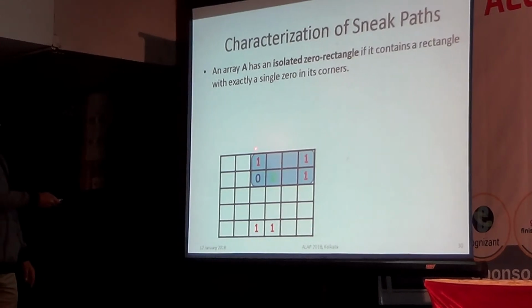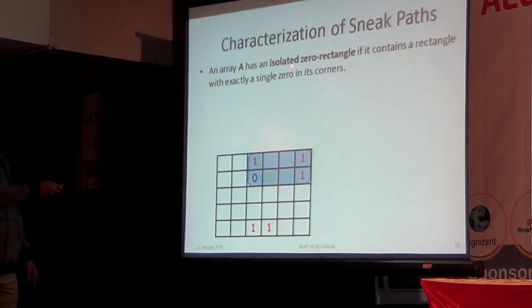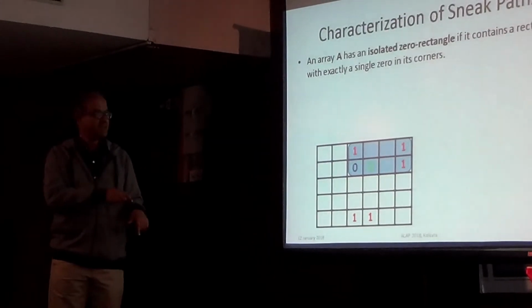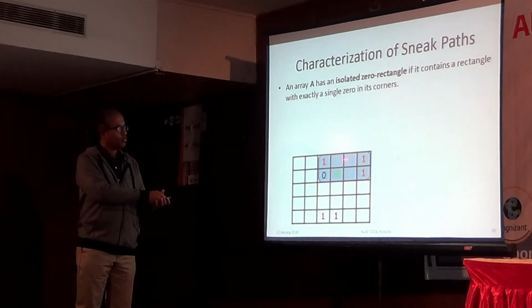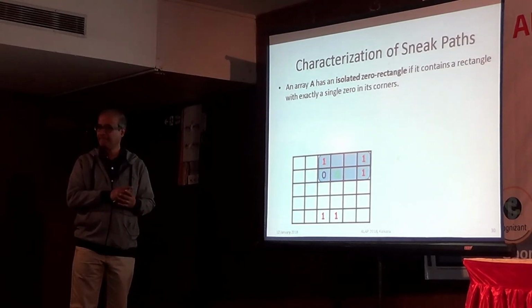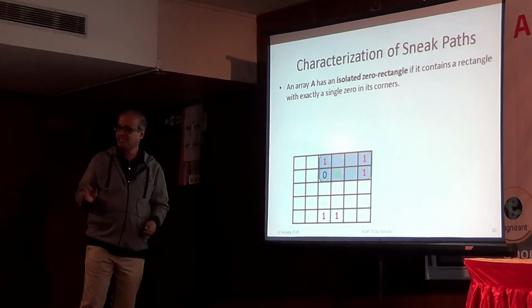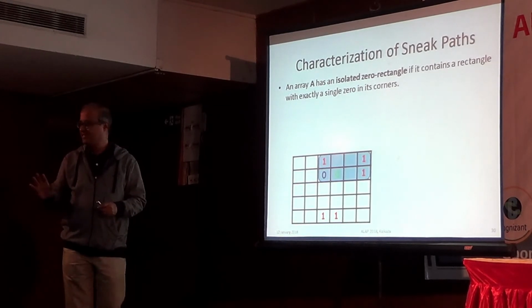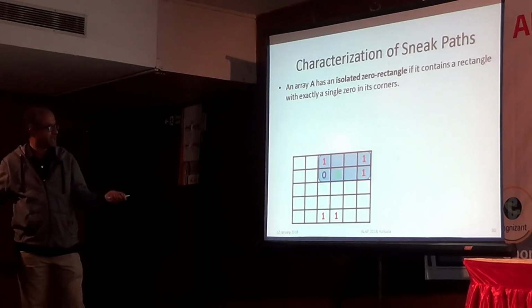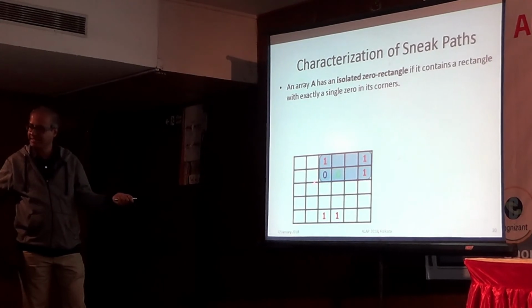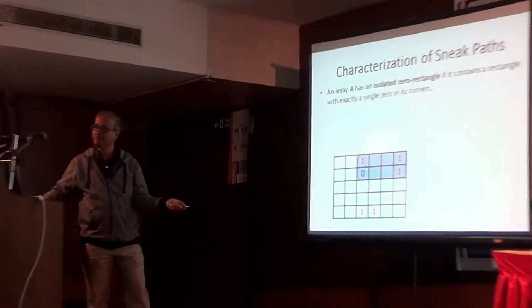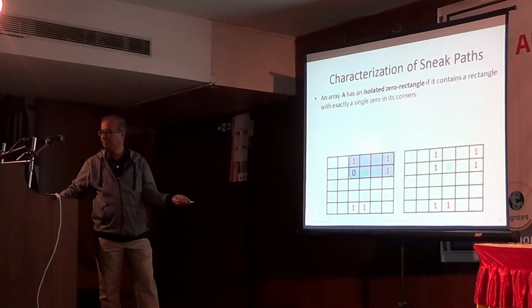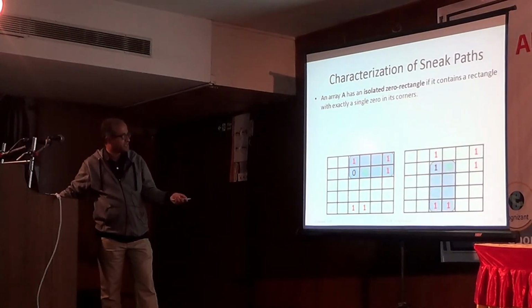This rectangle is said to be an isolated zero rectangle if there is a single 0 in one corner and 1s in the other 3 corners. So what this formulation says is that if you can detect a rectangle like this, then there is a possibility of the sneak path problem happening.